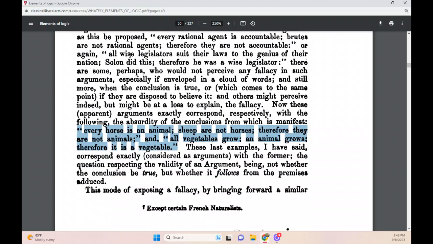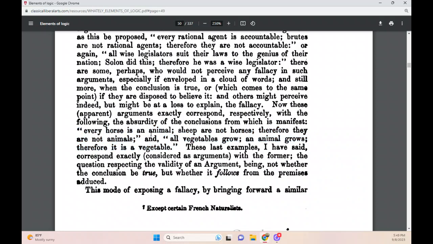Actually, these arguments are going to appear ridiculous. And the point is, while this may appear ridiculous, it's actually the same argument that was made for the other two examples, which appeared like they could be reasonable.